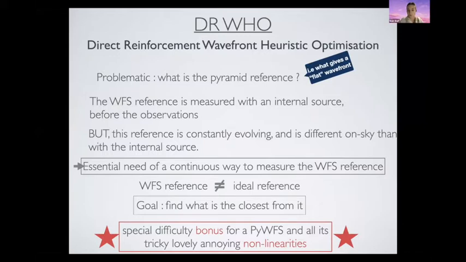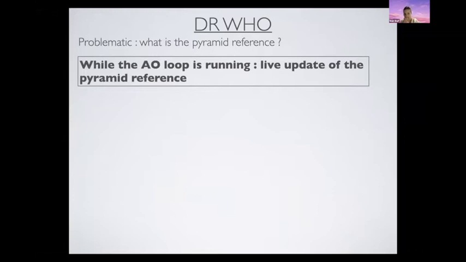This is true for every kind of wavefront sensor, but especially for the pyramid wavefront sensor, for its very annoying nonlinearities, and those nonlinearities are sadly intrinsically linked with the non-common path aberration problem.